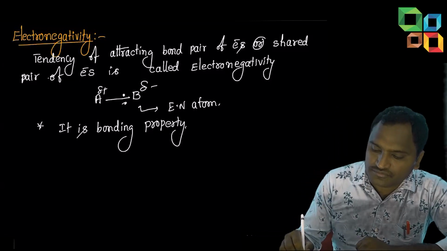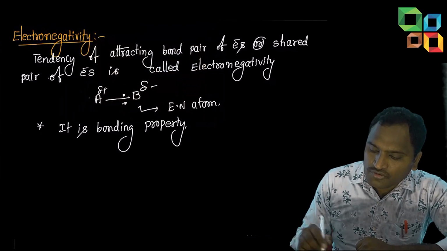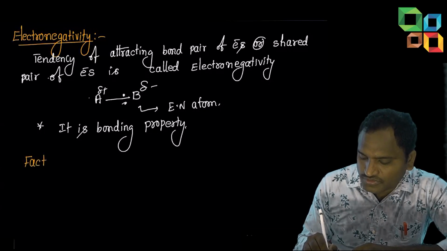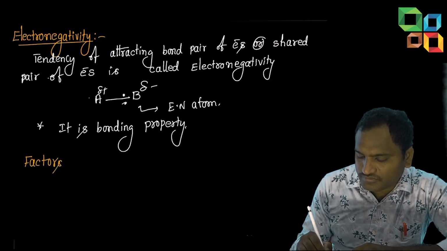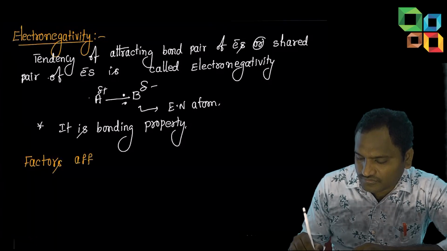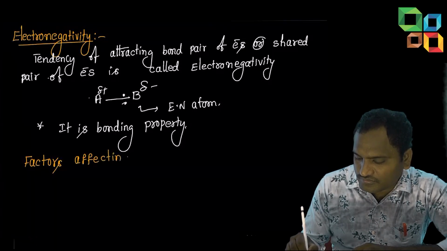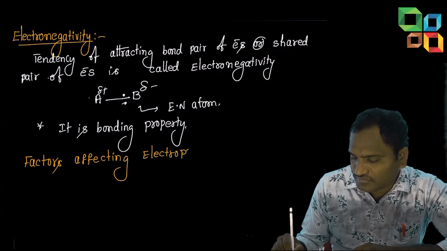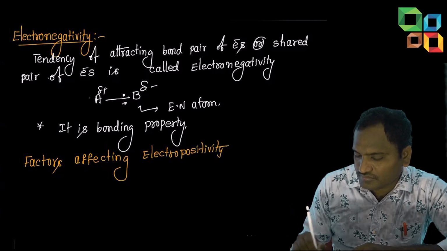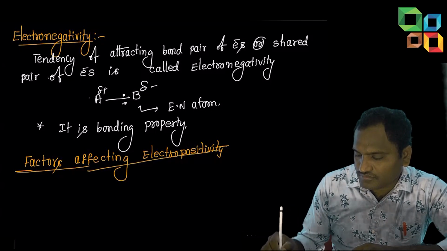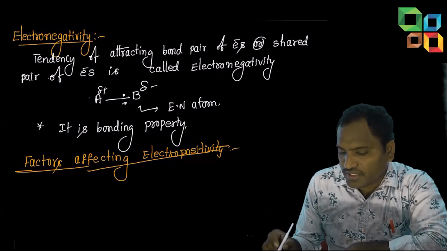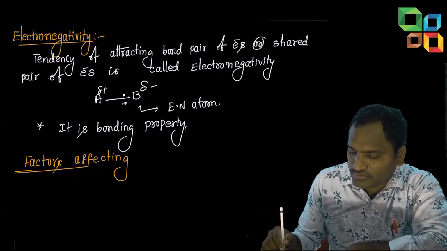Next, factors affecting electronegativity, opposite to electropositivity. Factors affecting electronegativity, not positivity.